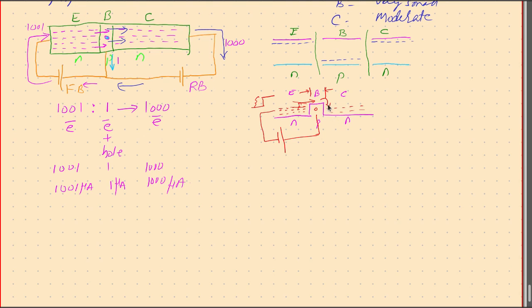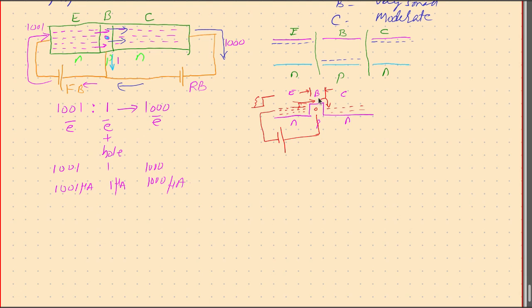We don't need any extra energy for these electrons to fall into this, because if you look at an energy diagram, the energy of the electron in the base is higher compared to the highest energy possessed by the electrons in the collector.